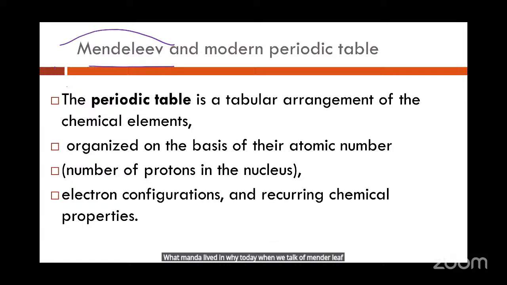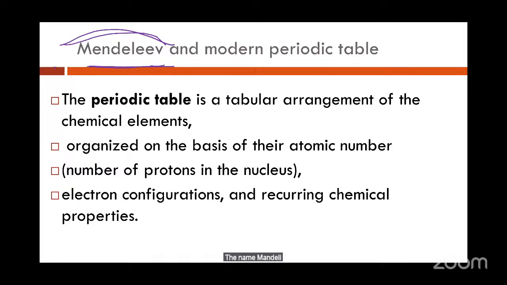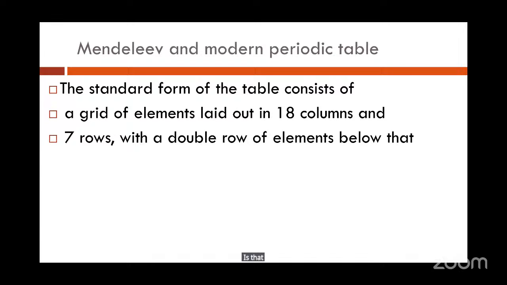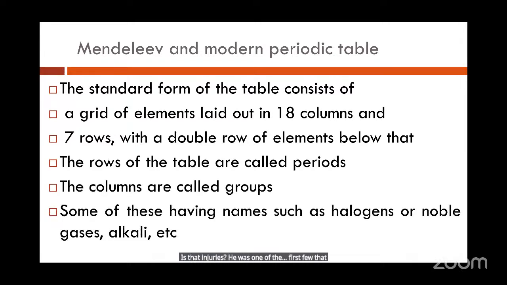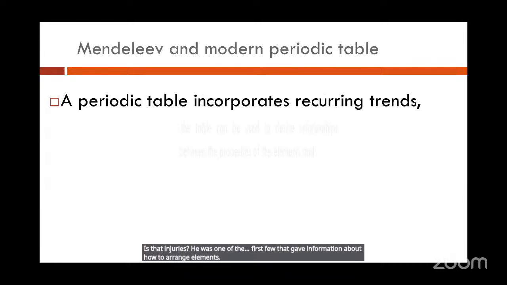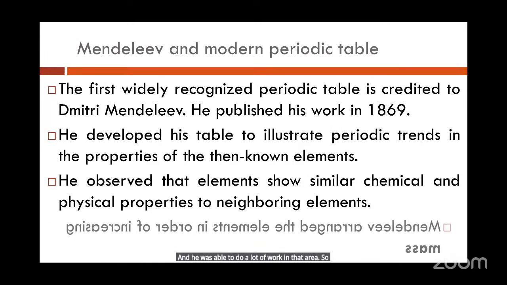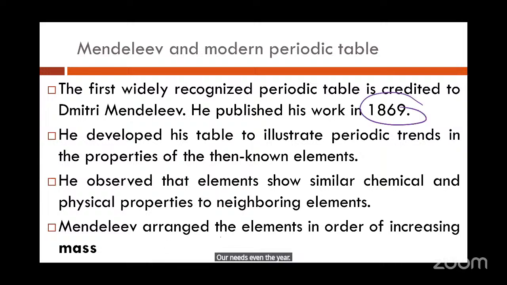When we talk about the periodic table, we always associate the name Mendeleev with it. You're going to see it in the note. He was one of the first few that gave information about how to arrange elements, and he was able to do a lot of work in that area. So I'm going to ask you some questions on it, even the year, and the difference between Mendeleev's periodic table and the modern periodic table.